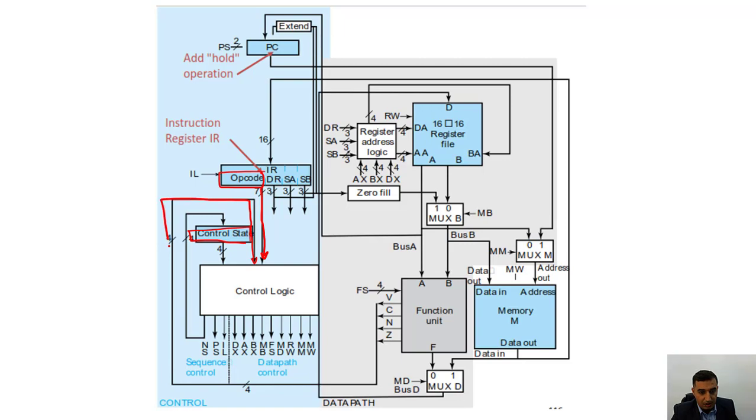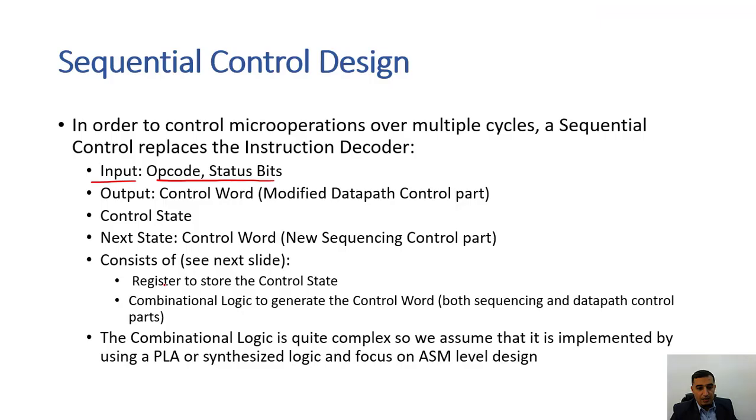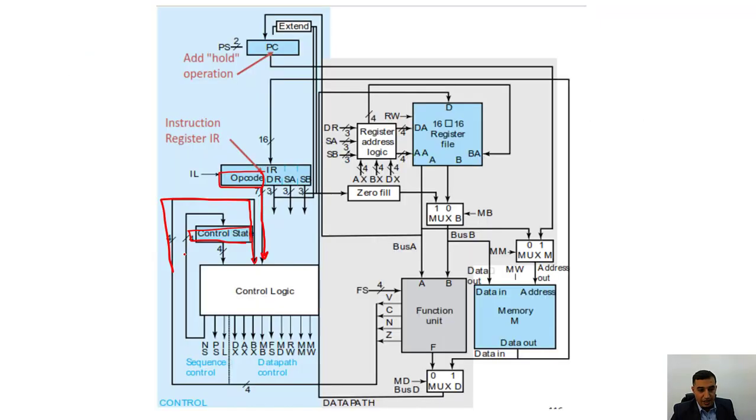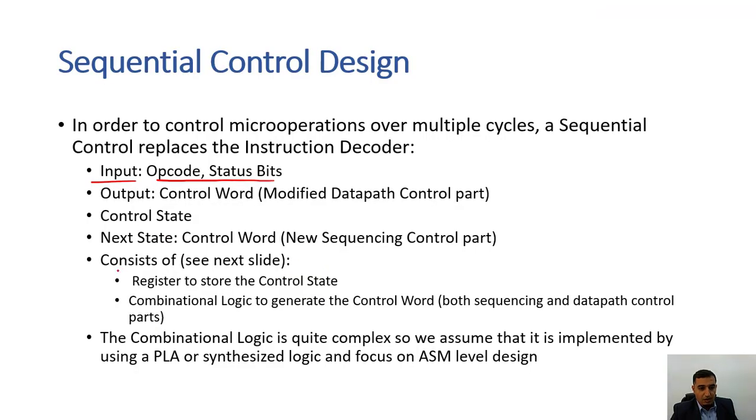You can see these are the status bits, and you need the next state, which is coming from the control state. Okay, so the next slide we are going to talk about the registers to store the control state and the combination logic to generate this control word.